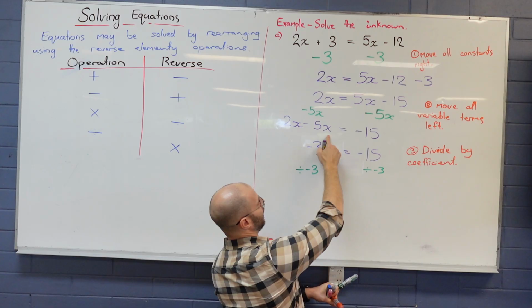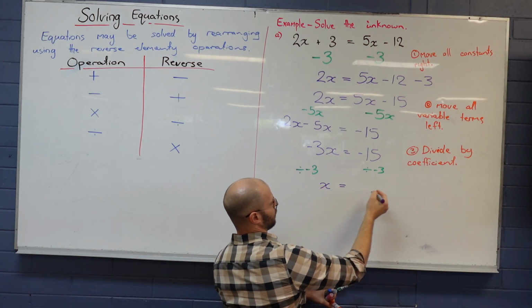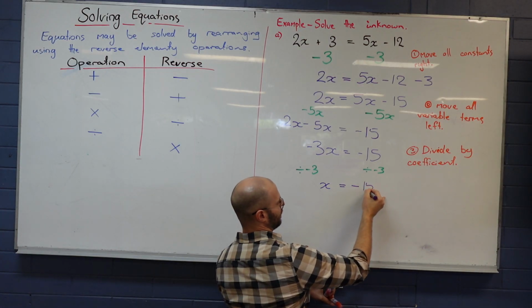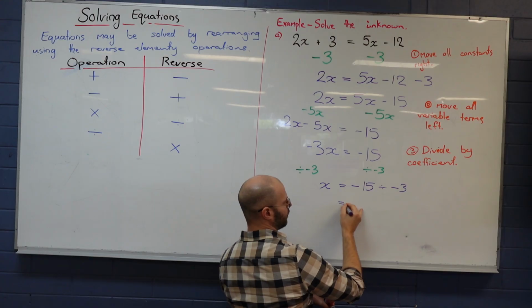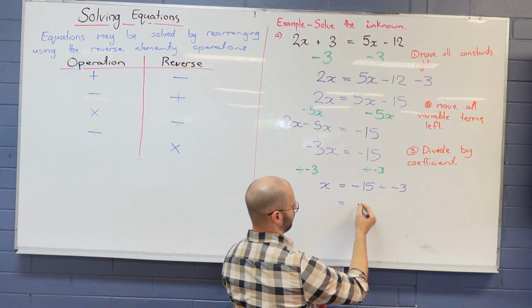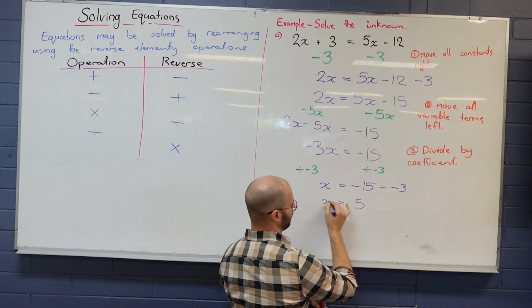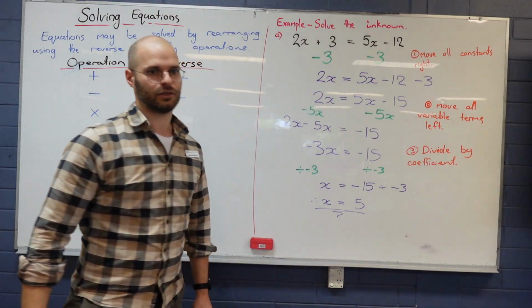When we do this, our minus 3 on the x is now gone. And then we get minus 15 divided by minus 3. 15 divided by 3 is 5. They're both negative, so therefore, for this example, x is equal to 5.